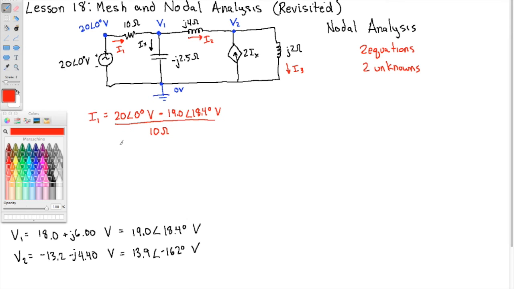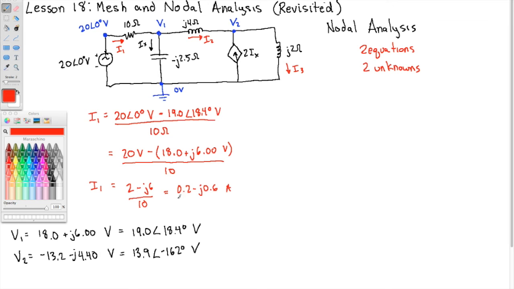If you wanted, or I guess we'll work it out a little bit here. So 20 angle 0 is 20 volts, and V1 we said was 18.0 plus J6 volts over 10. So I1 is, so 20 minus 18, that's 2. And then we've got minus J6 over 10. So this is 0.2 minus J0.6 amps. There we go. That's I1.